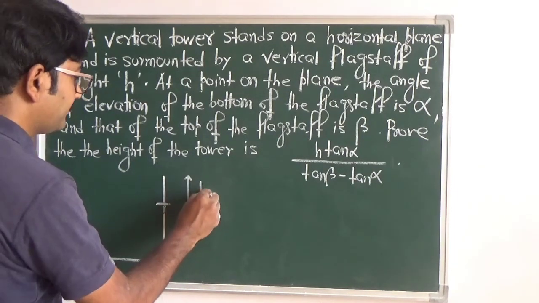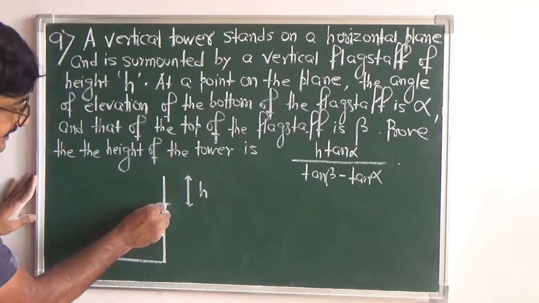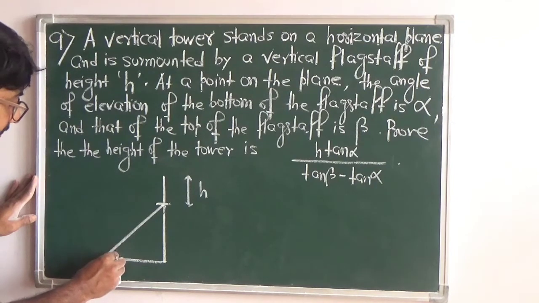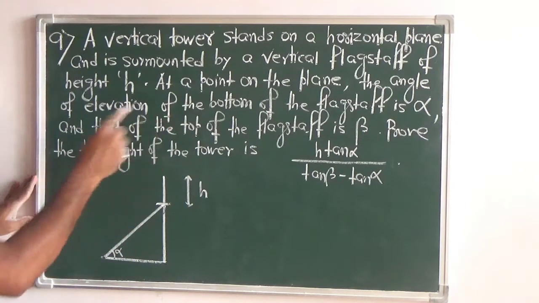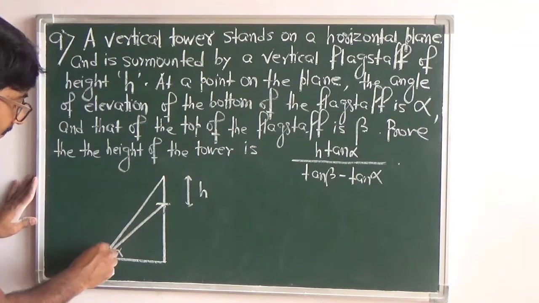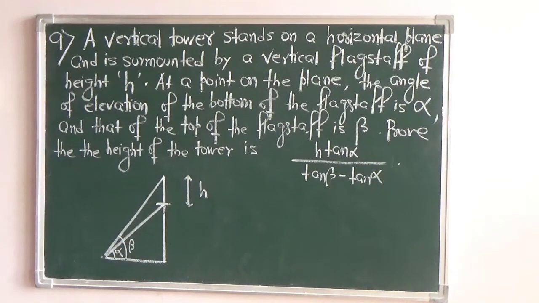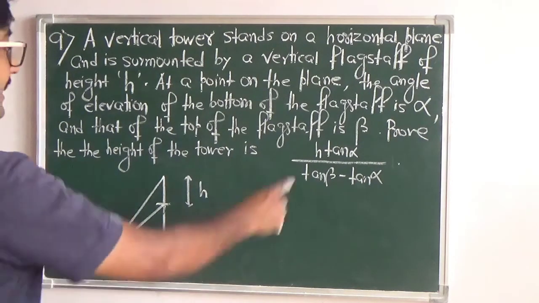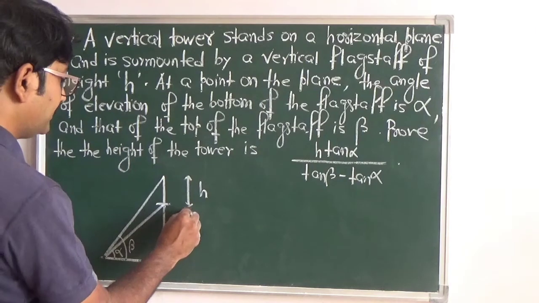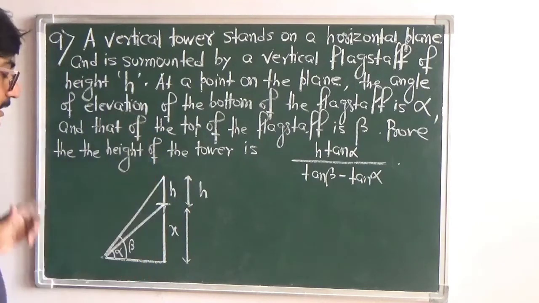Now at a point on the plane, the angle of elevation of the bottom of the flagstaff, if you look at this point, this angle is alpha, and that of the top of the flagstaff, this angle is beta. We need to prove the height of the tower. Let the height of the tower be x, and this is h. So we have to find the value of x.